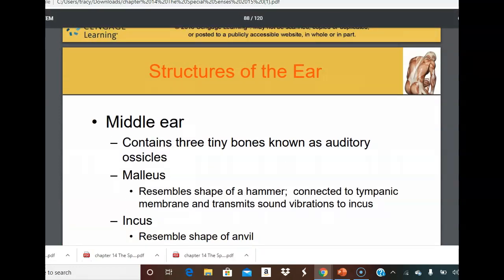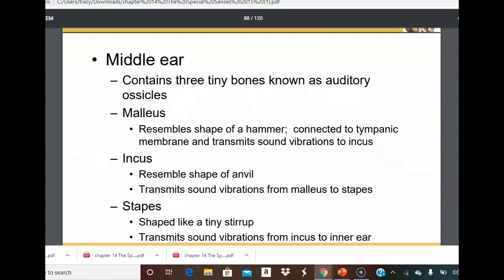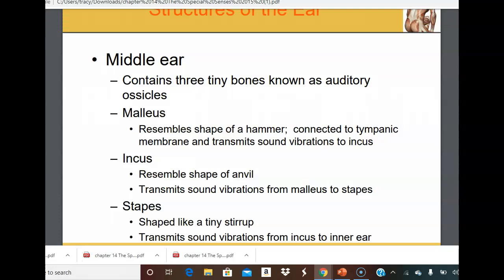The middle ear encompasses the tympanic membrane. The tympanic membrane is attached to 3 tiny bones called the ossicles. These are also called the auditory ossicles. They are named for their shape. The malleus is the one that is attached to the eardrum. The incus is the next one.